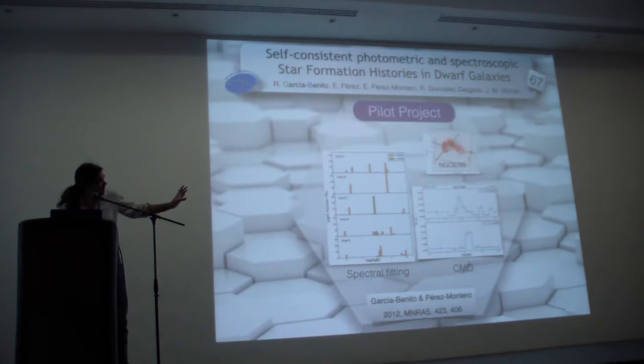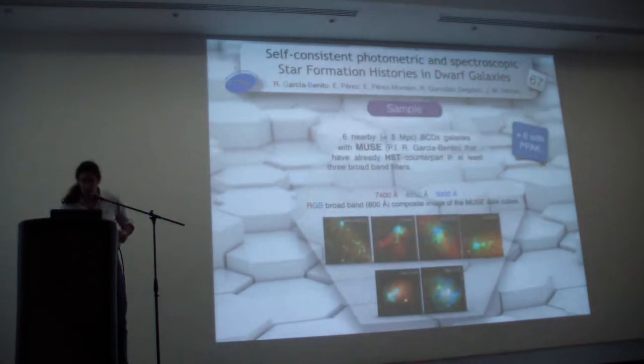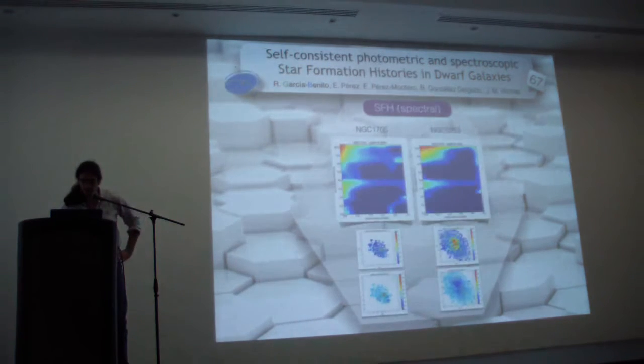From this work, we thought that we have to go to full 2D, and we observed 6 galaxies with MUSE and another 6 galaxies with PPAK, and all of them have a counterpart in HST in at least 3 bands, so we can perform CMD star formation histories and compare them with the star formation histories derived from the IFUs.